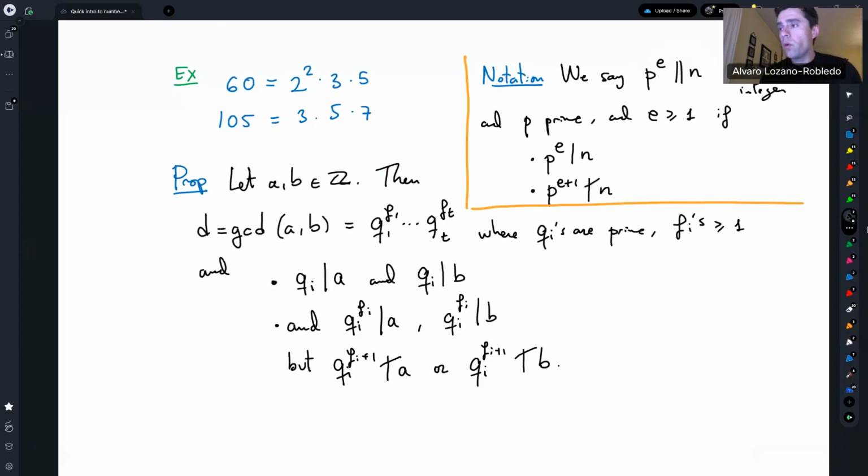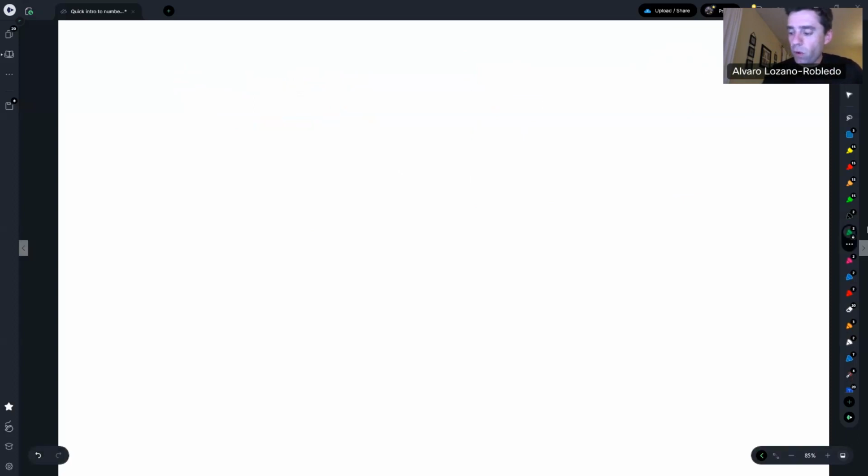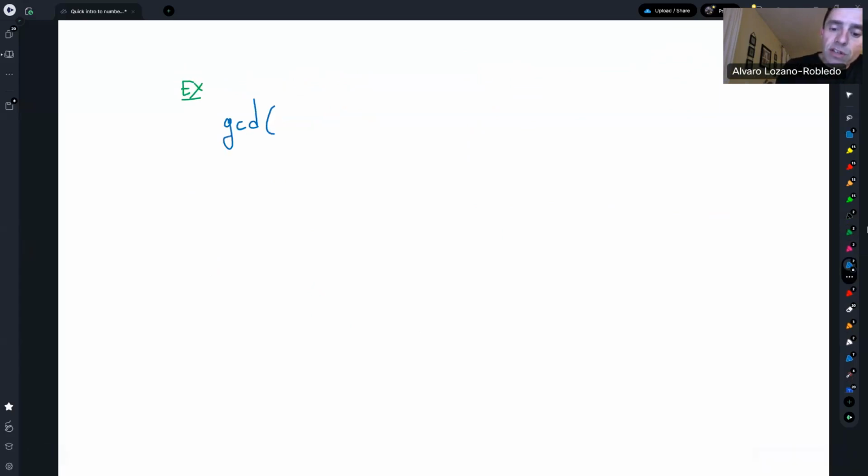Okay, so let me show you in the example that we had before. In the example, I can compute the GCD of 60 and 105 because I know the factorizations of these numbers. This is 2 squared times 3 times 5 and 3 times 5 times 7.